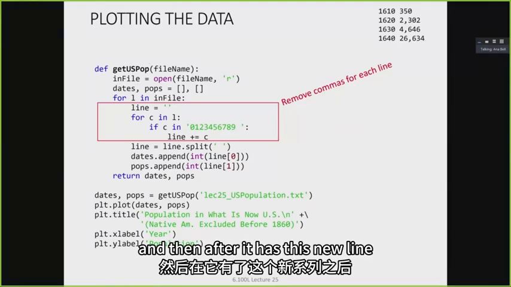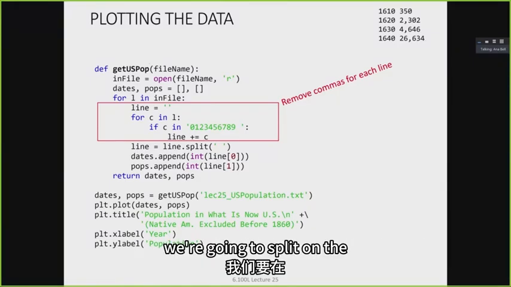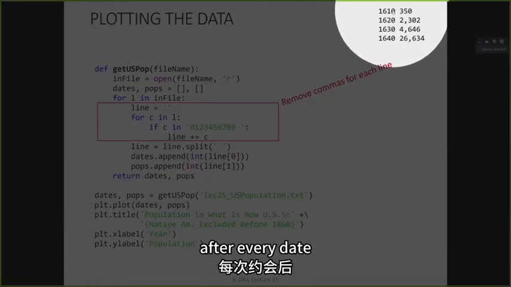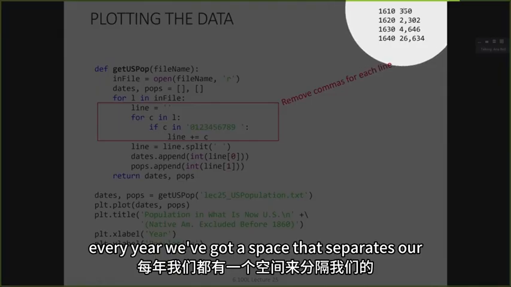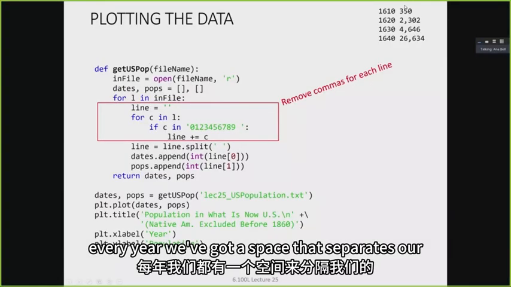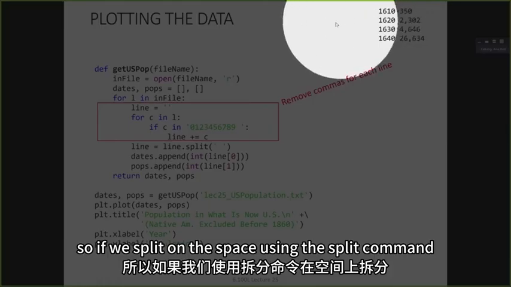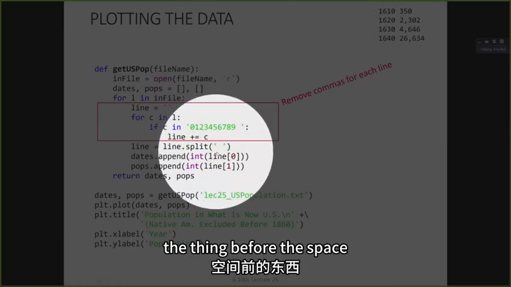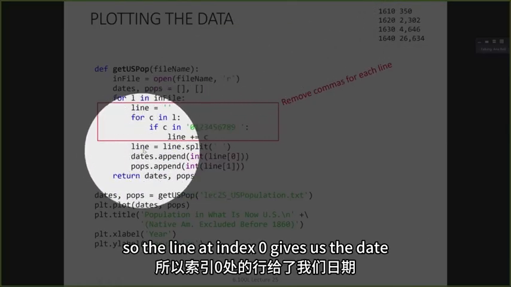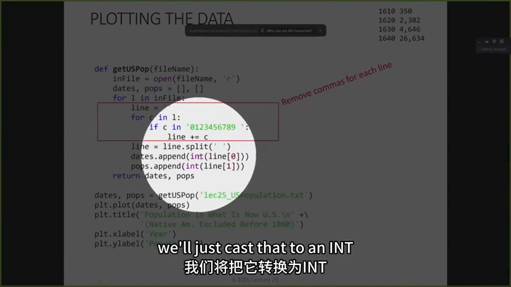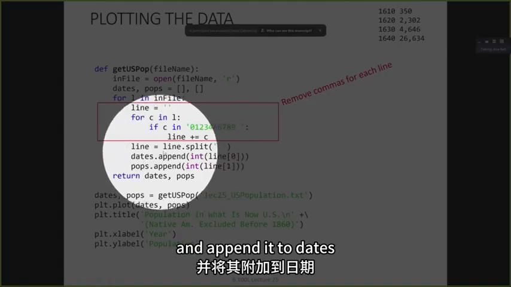And then after it has this new line, we're going to split on the space because we note that after every date, every year, we've got a space that separates our population value and our date. So if we split on the space using the split command, the thing before the space, the item at index 0, gives us the date. We'll just cast that to an int and append it to dates.